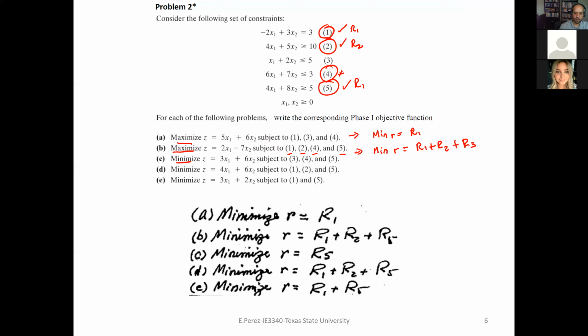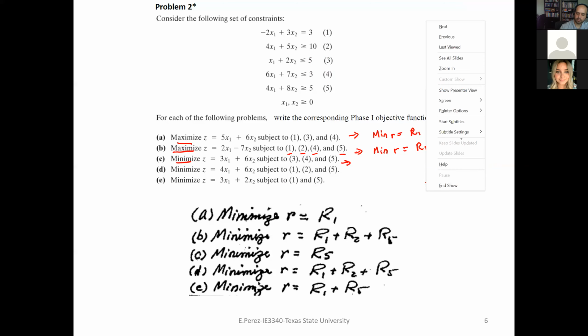Okay, so let's do one more. Let's do this one. So minimize z equals 3x1 plus 6x2. What are the constraints here? This is 3, 4, and 5.